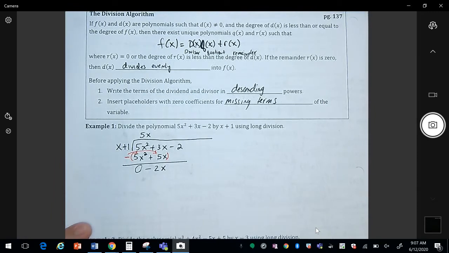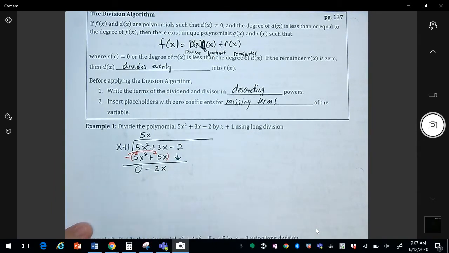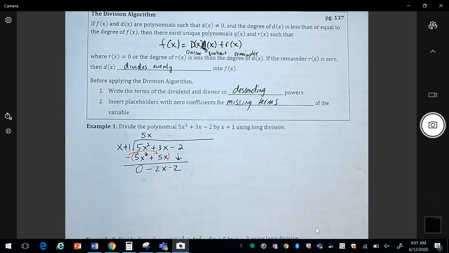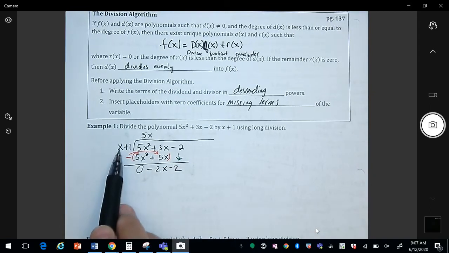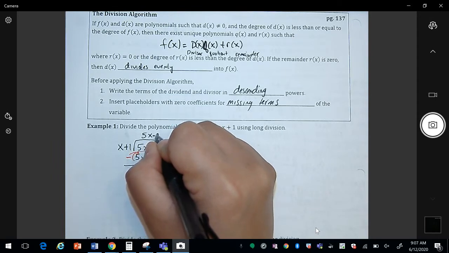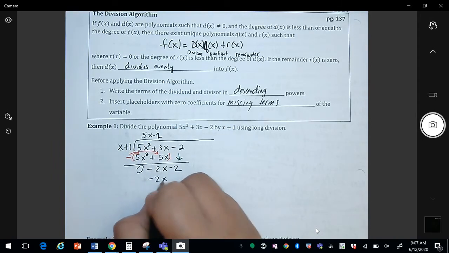Our next step is to bring down this negative 2. And so we start the process again. So x goes into negative 2x negative 2 times. So negative 2 times x is negative 2x. Negative 2 times 1 is negative 2.